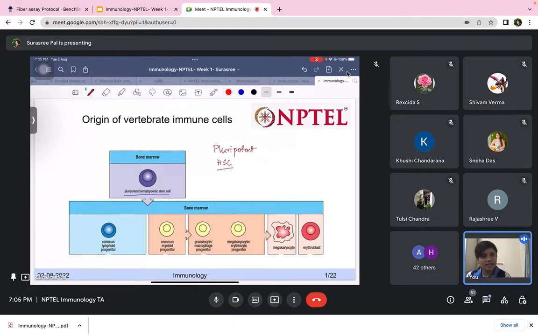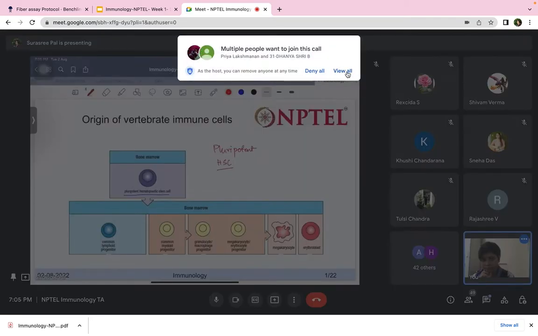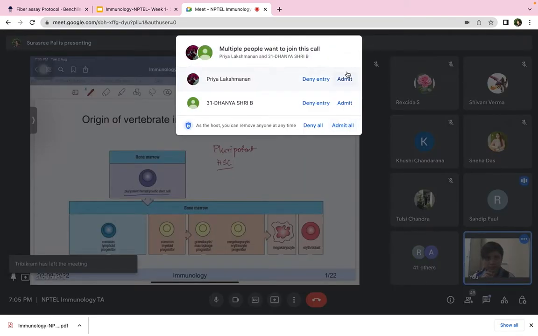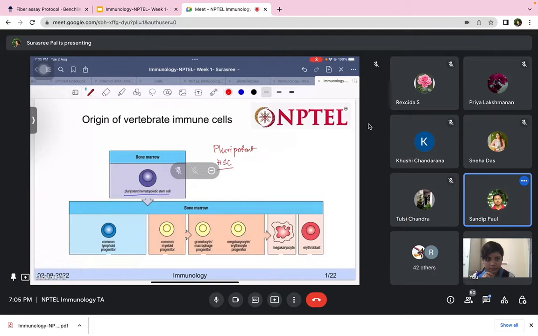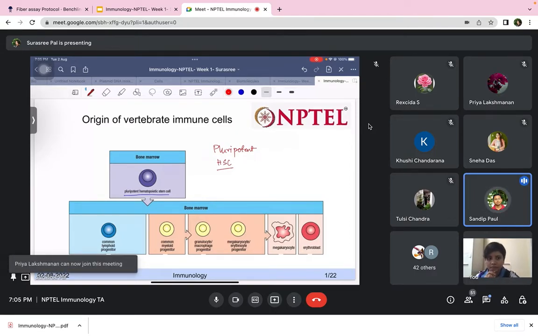Does anyone have any concept of what a pluripotent cell is? Can anyone share? Pluripotent is basically a multiple cell generation capacity. From that mother cell, many different kinds of cells can be generated. Actually, right.